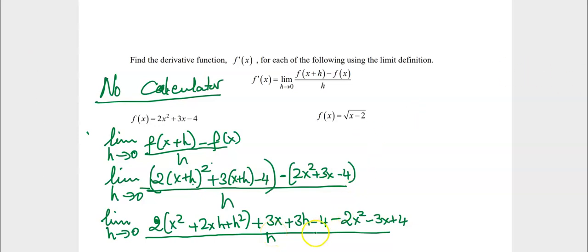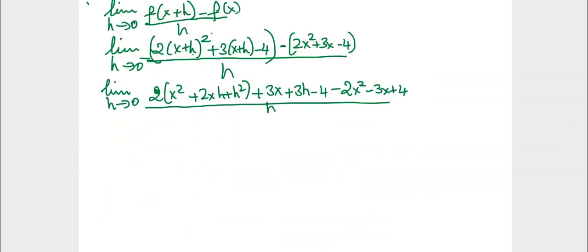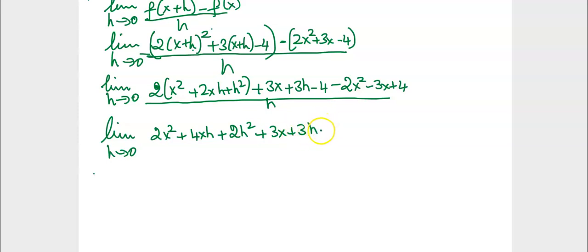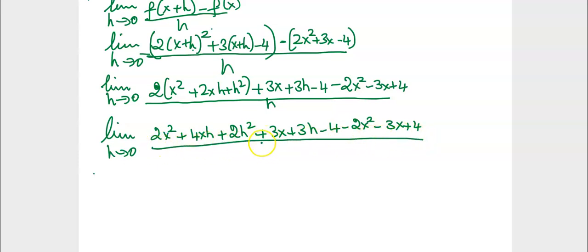We are going to simplify further by simplifying the numerator and cancelling common factors. That will be equal to the limit as h approaches 0 of 2x squared plus 4xh plus 2h squared plus 3x plus 3h minus 4 minus 2x squared minus 3x plus 4, divided by h.